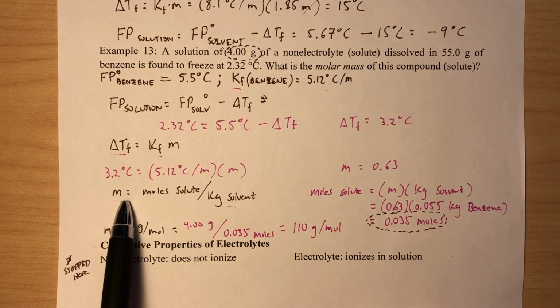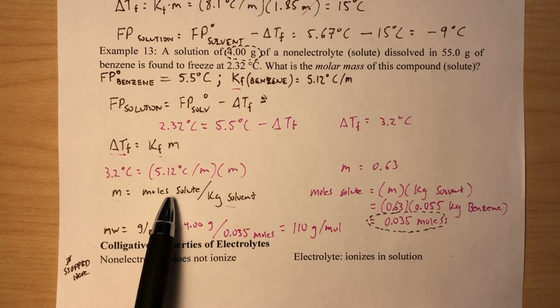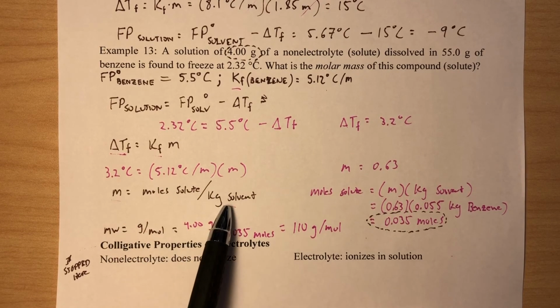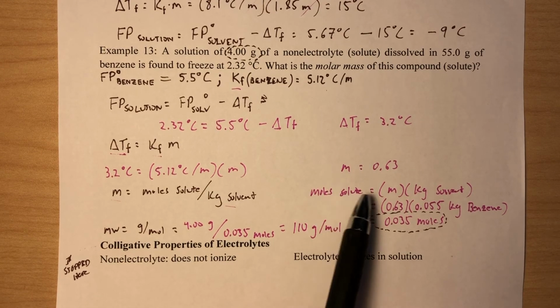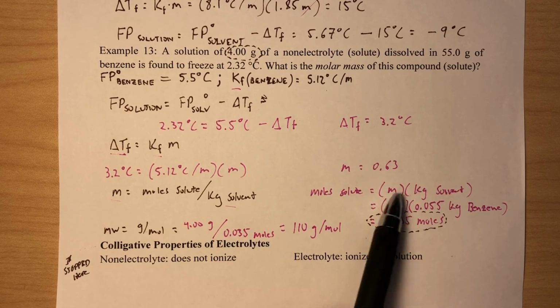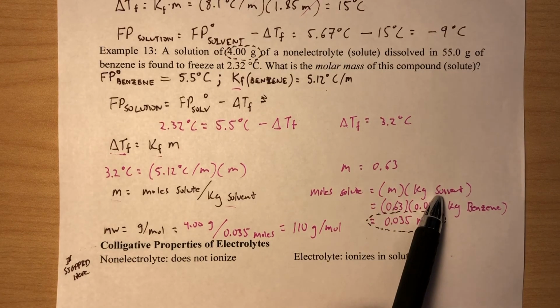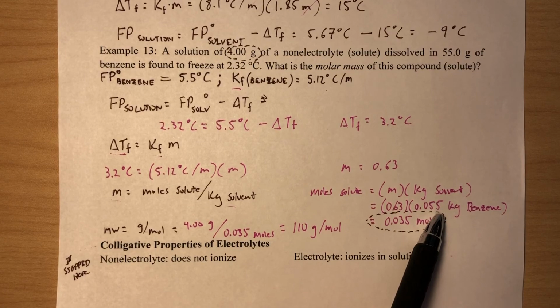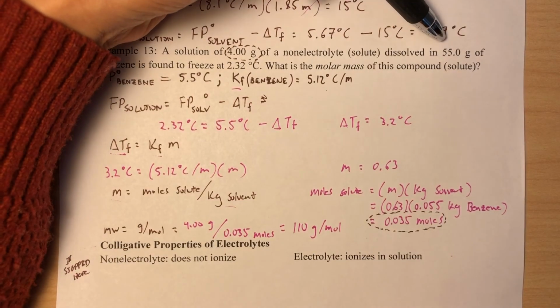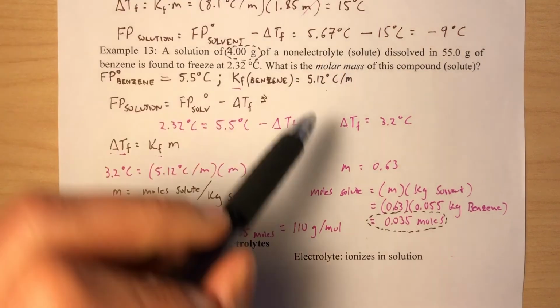And that value, 0.63, is going to be equal to moles of solute divided by kilograms of solvent. So our moles of solute, we can rearrange, is going to be equal to molality times kilograms of solvent, which is equal to 0.63 times 0.055 kilograms of benzene, and that came from the fact that we have 55 grams of benzene.